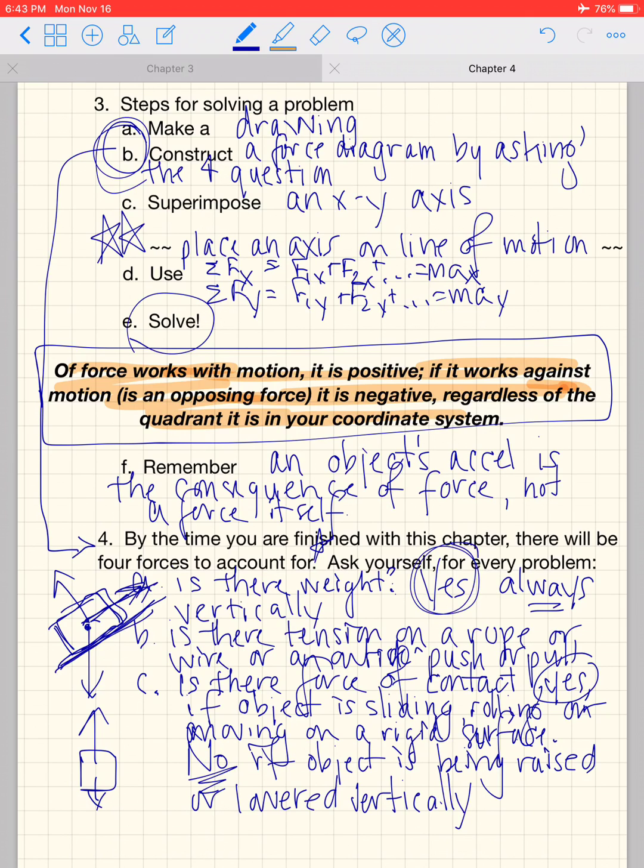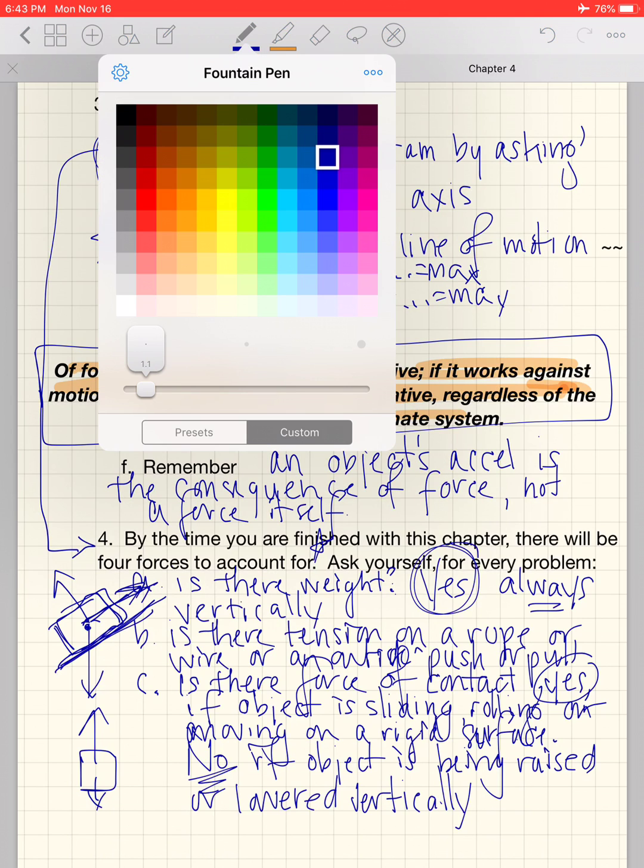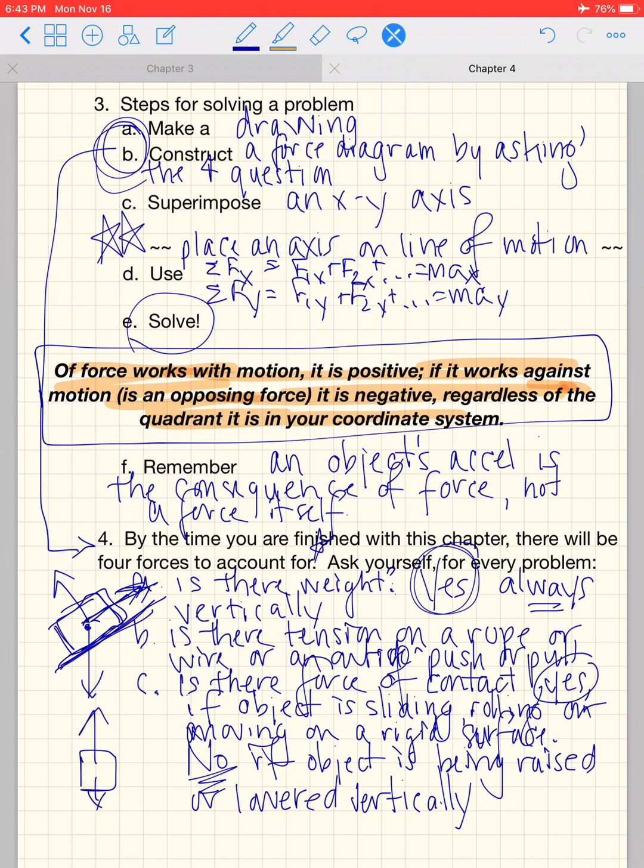And let's talk about, and I'm going to have to do this on the next page. Usually, force of contact is going to equal weight. When does force of contact equal weight? Force of contact equals weight because the force of contact is what you would think of as the floor pushing back.